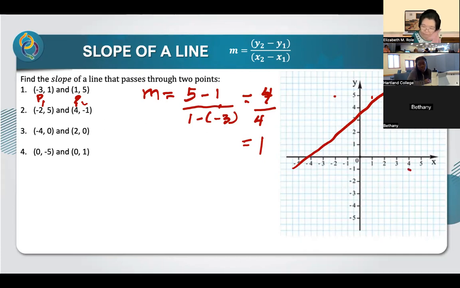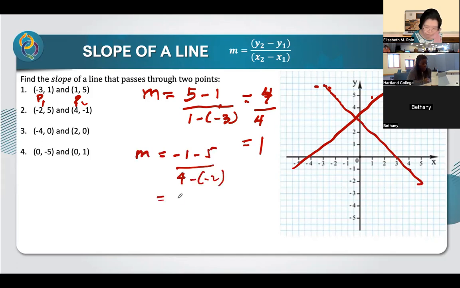Find out what is your slope. -6/6, which is equal to -1. Is it +1 or -1? -1. All right. So the slope for number 2, you say -1 minus 5 over 4 minus -2 gives you -6 over 6.